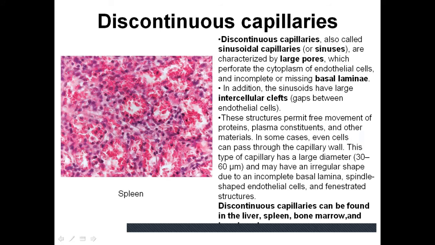And the red cells here are in direct contact with the splenic cells. There will be some endothelial cells around here. There will be some basement membrane as well, but in discontinuous capillaries, the blood can come in direct contact with other cells.